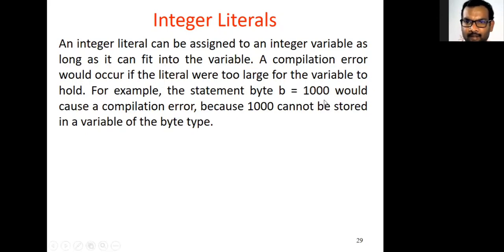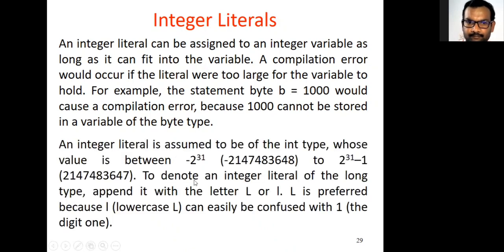But 1000 is beyond its range. If you store values beyond the range, it will give you compilation errors. An integer literal is assumed to be of the int type, whose values are within the range.